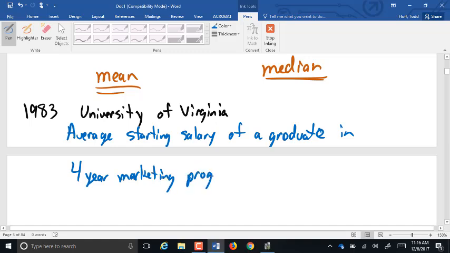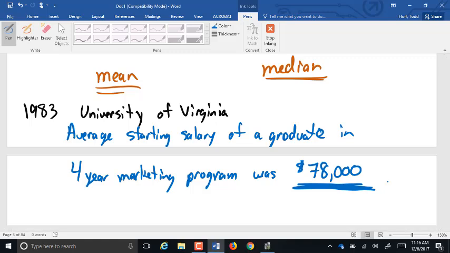I say 4-year because I don't want to try to spell bachelor's. Their bachelor's degree marketing program was right around $78,000. Right now, $78,000 sounds like an incredible starting salary. Let's roll back to 1983, where your average starting salary for a high school teacher was about $17,000 to $18,000. $78,000 a year is incredible.